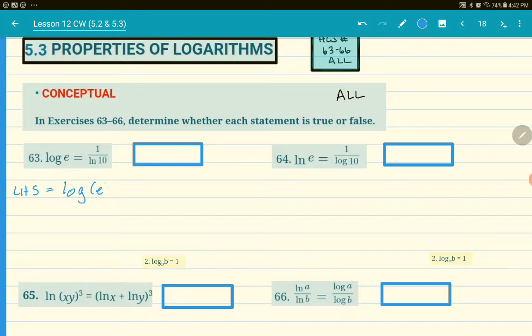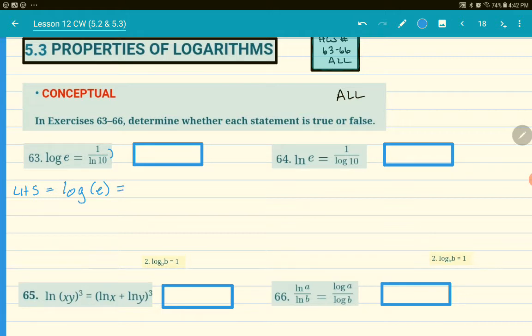Sometimes I use parentheses even though it's only one letter, or else it looks like loggy. The way I write it, my handwriting kind of runs it together. So I'll write it like that today. All right, so I'm looking at something with a fraction, and I need to get it to base e. So it needs to get transferred to a natural log.